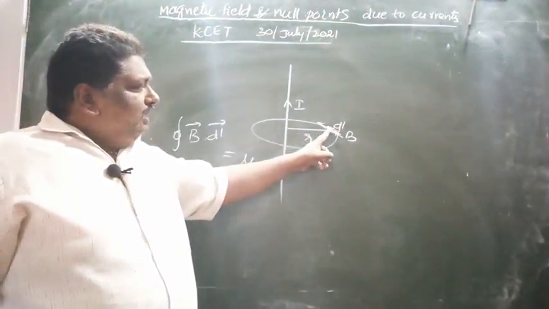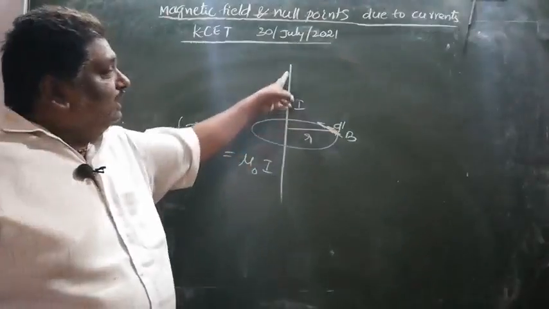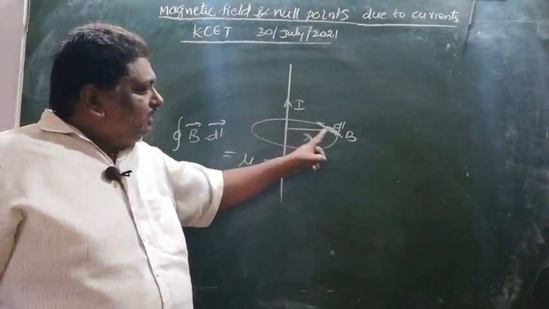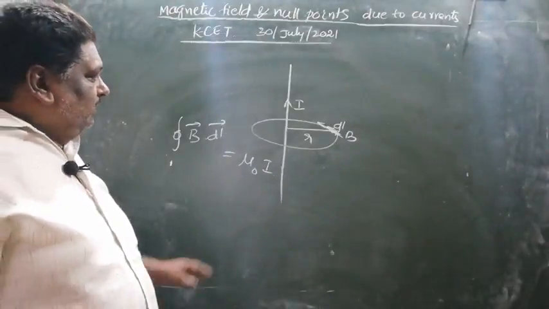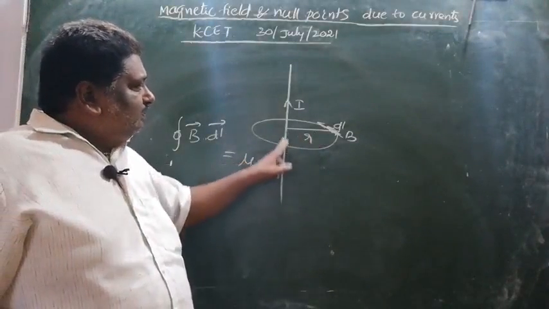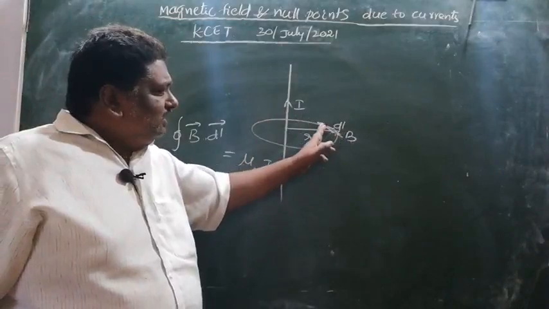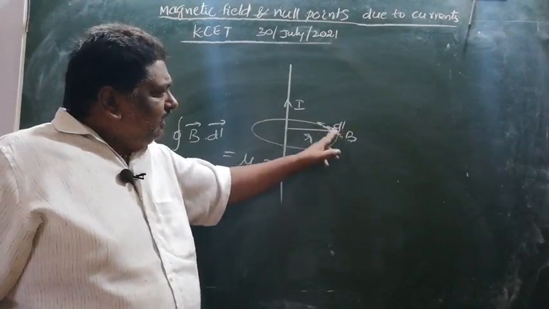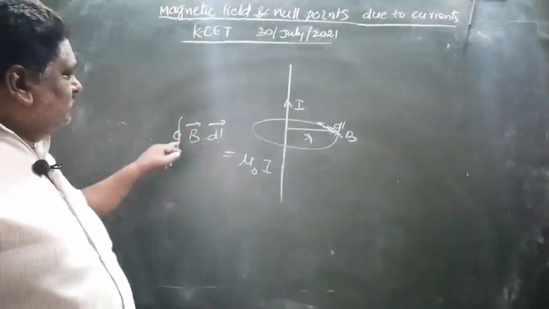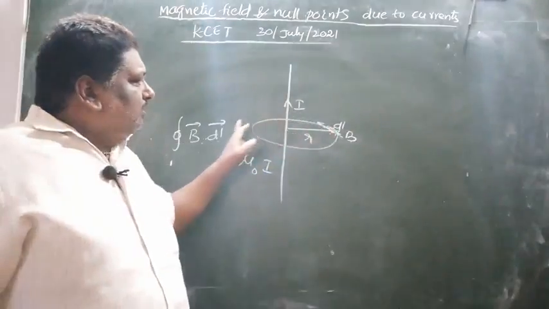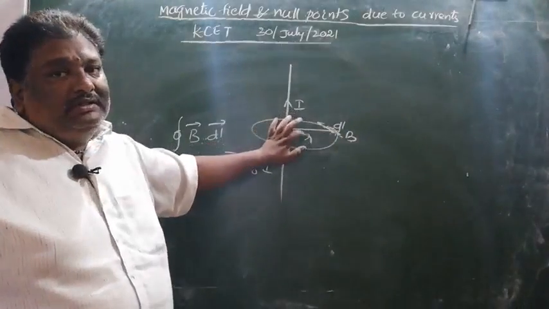Here, this is the conductor. At r distance, a small length of the path dl is taken, and current is passed through it. Here the magnetic field is generated. Here the magnetic field direction is this one, the dl direction is this one. Both are dot product made under a cyclic integral, meaning one complete circular path, is equal to mu naught times the net current passing through this area.